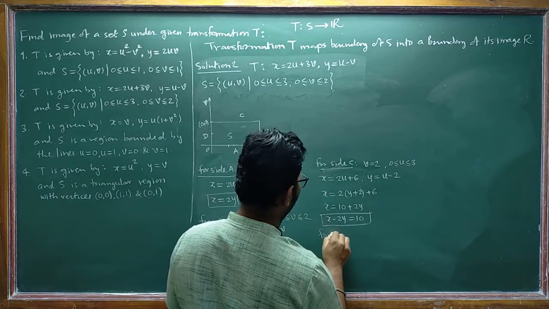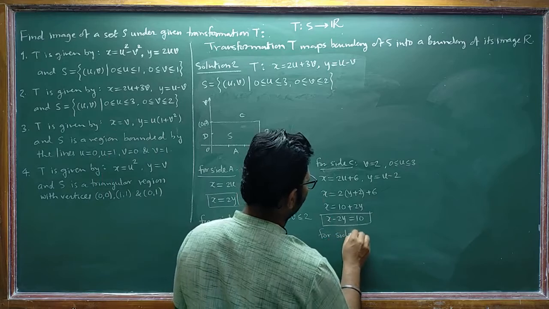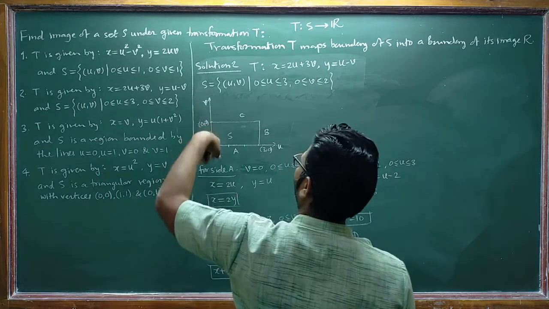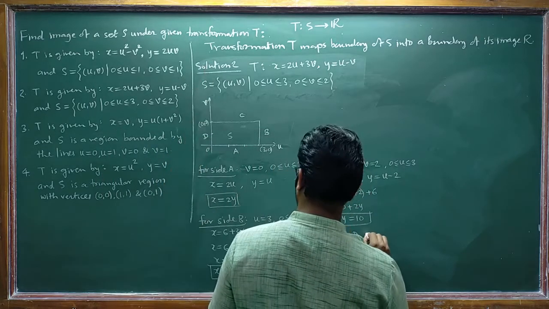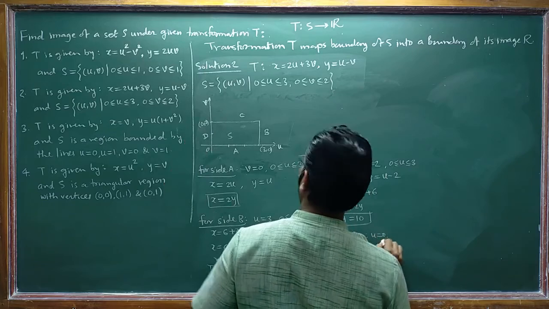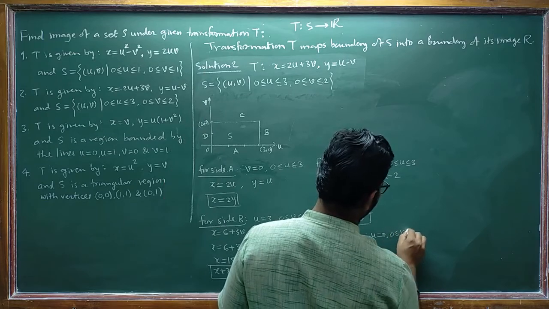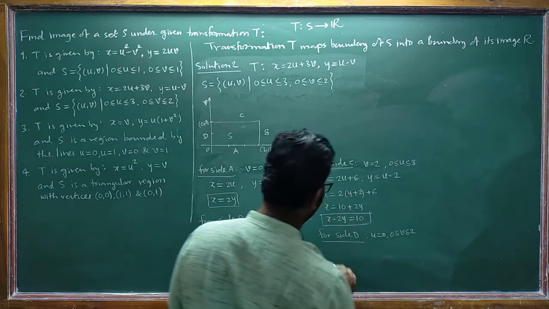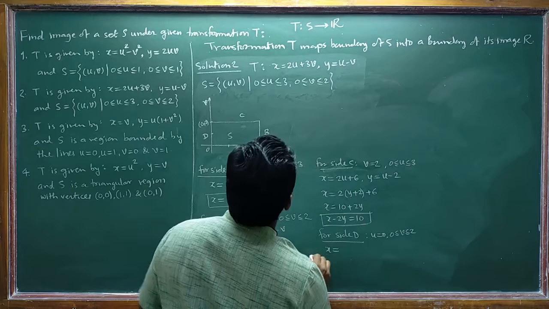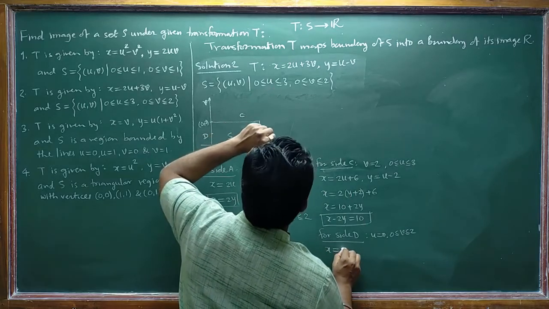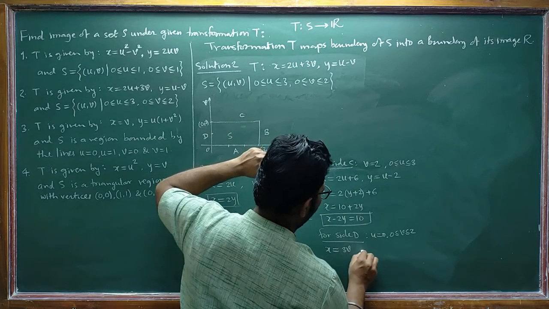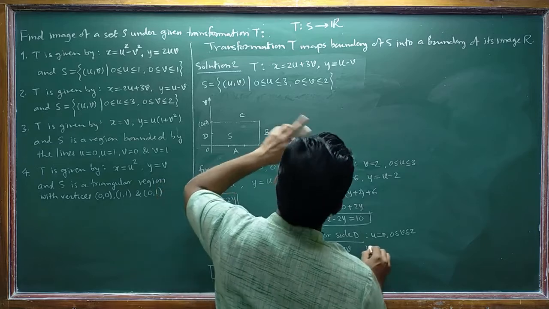And for the next, side D, what is it? This is the v axis. So its equation is u equal to 0, and for this side v varies from 0 to 2. Okay. So x is 2 times u, which is 0, so x is 3 times v, and y is u minus v.